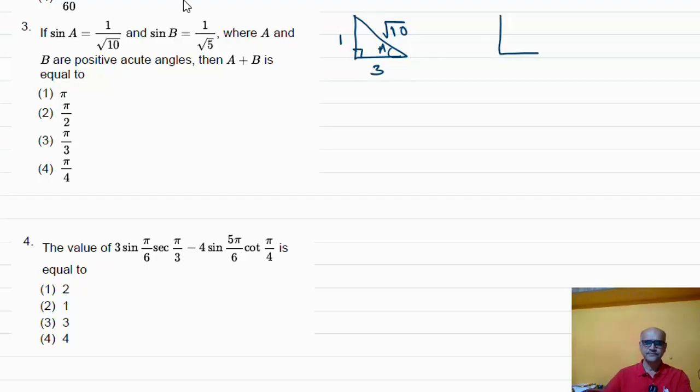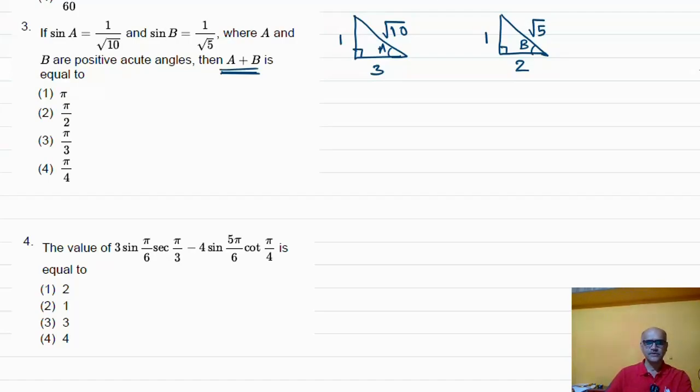Similarly, if I take B, sin B is 1 by root 5, so the opposite side is 1, hypotenuse is root 5. Again by the Pythagoras theorem, 5 minus 1 is 4, root 4 is 2. You are required to find A plus B. Now again I will tell a shortcut, so that you can write the answer directly.